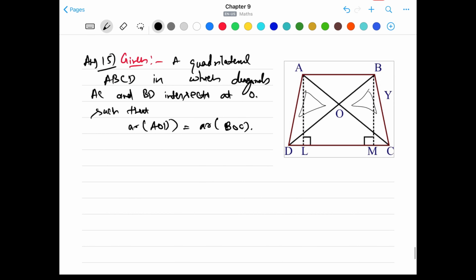Okay, this is what is given to us. To prove here is that ABCD is a trapezium.